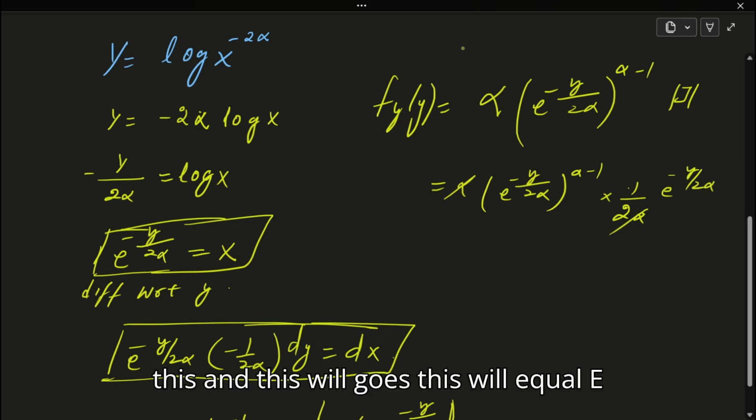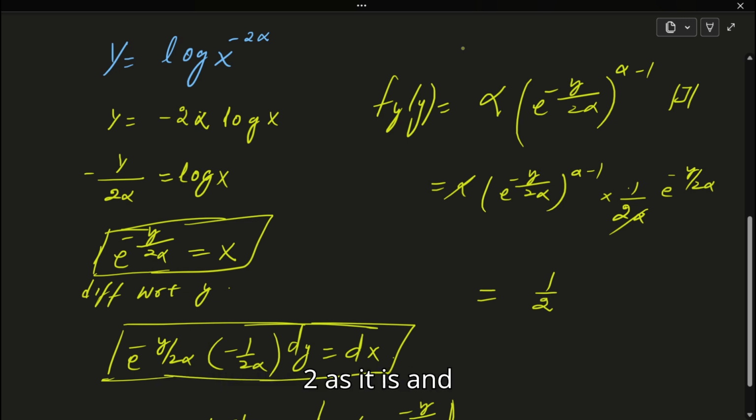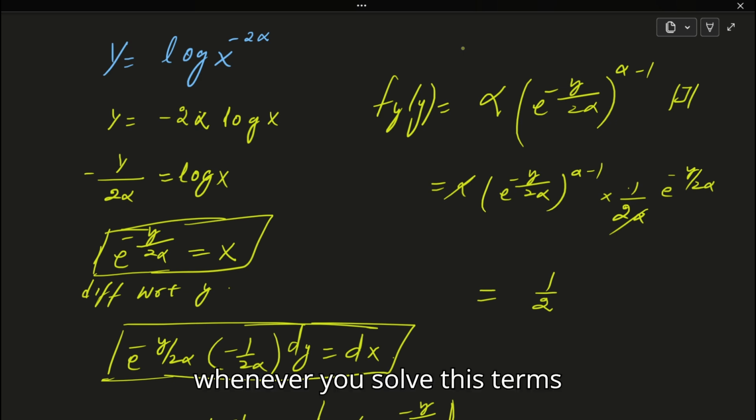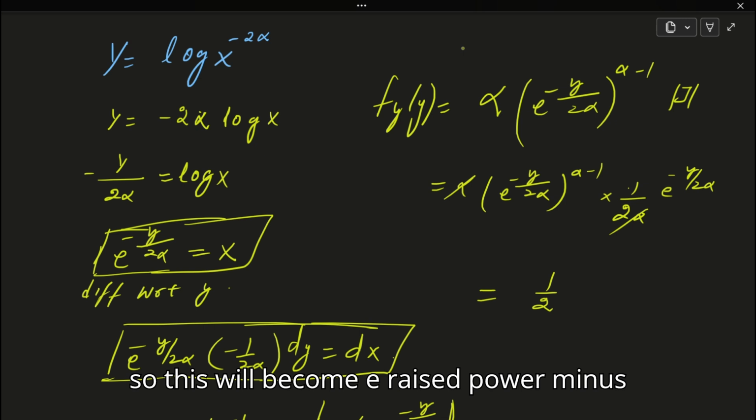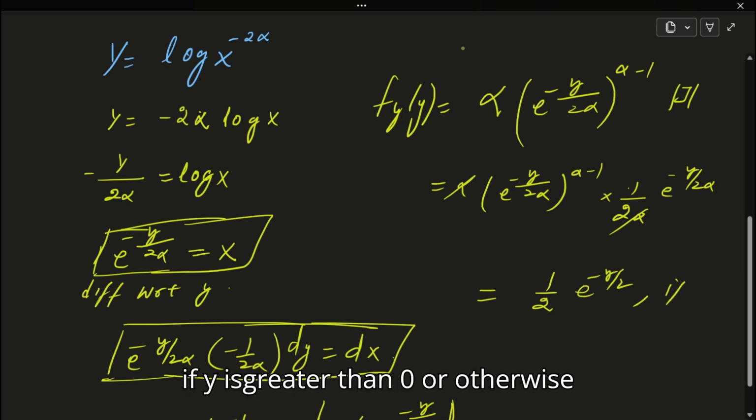This and this will cancel, leaving 1 by 2 as it is, and whenever you solve these terms, this will become e raised to the power minus y by 2 if y is greater than 0, or otherwise.